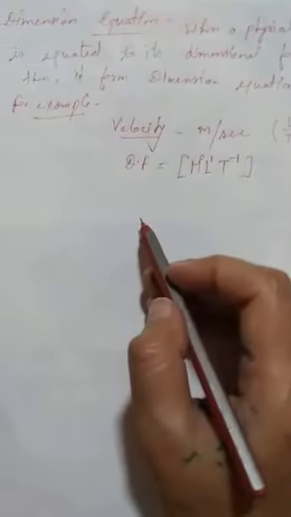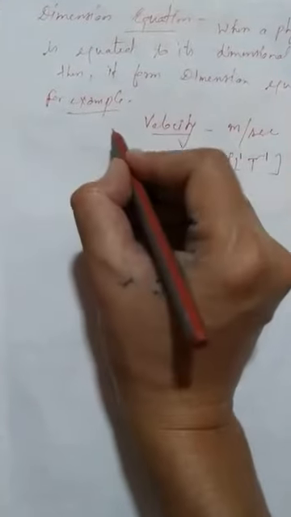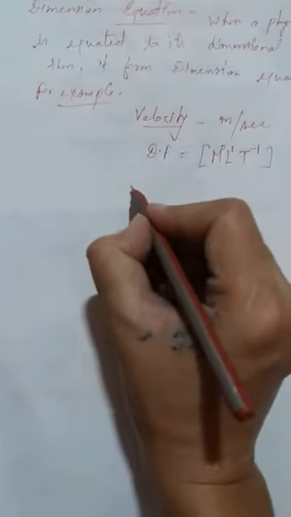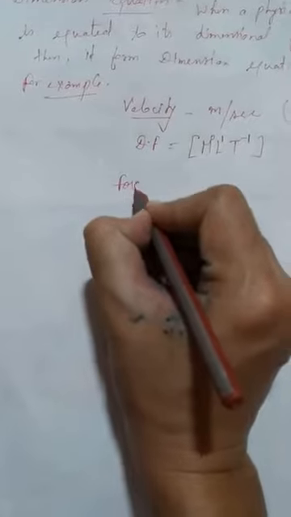Understood everyone? Meter we write as length, second is time, so it is length per time.